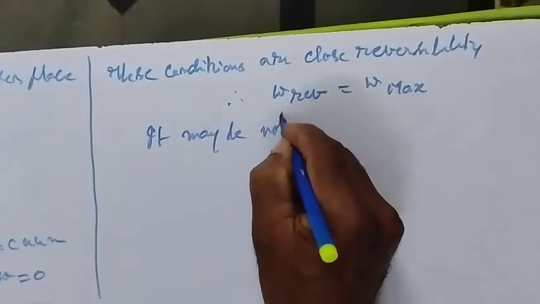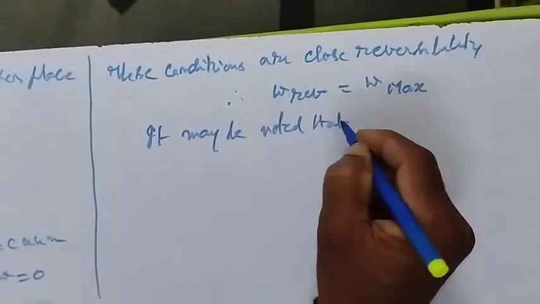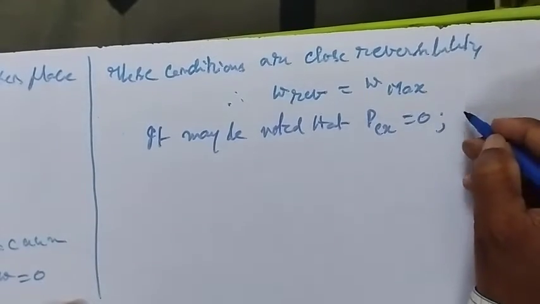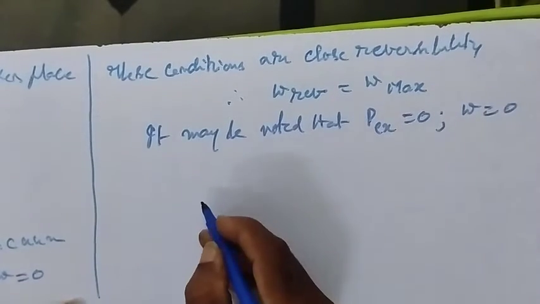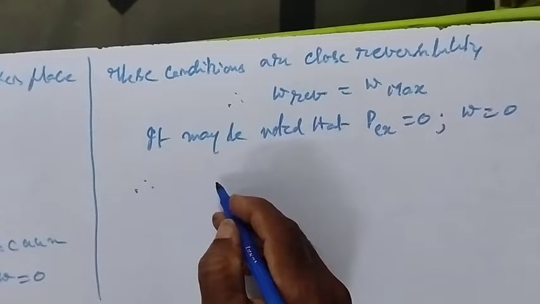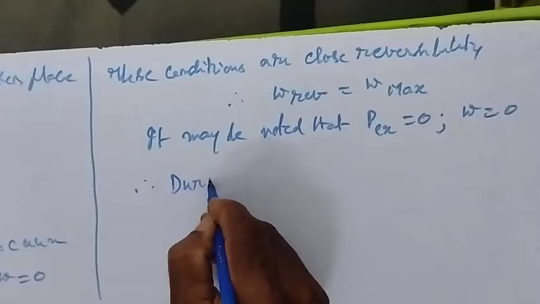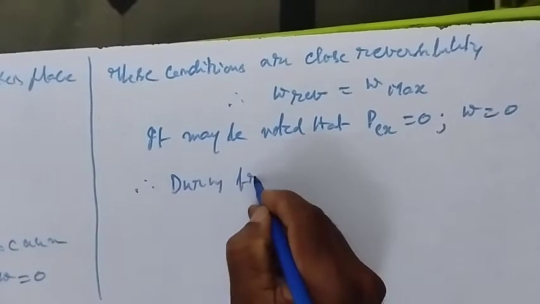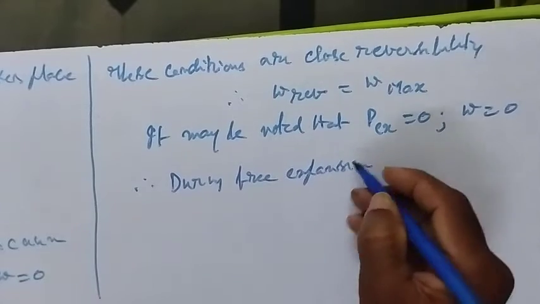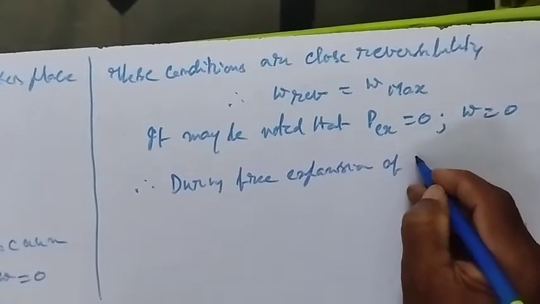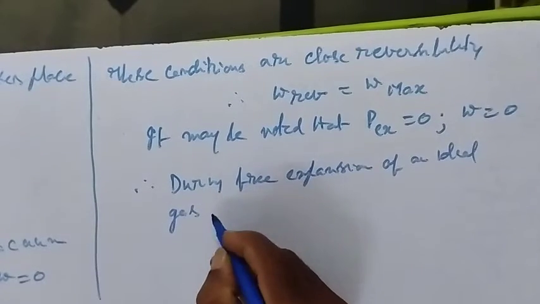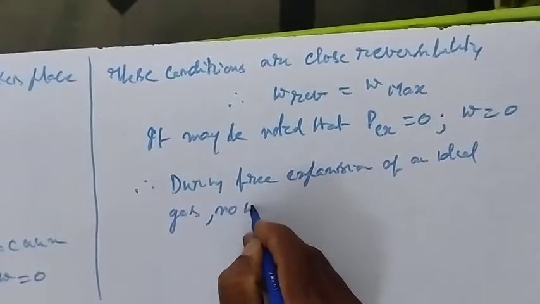It may be noted that if P external is equal to 0, then work done is equal to 0. Therefore, during the free expansion of an ideal gas, no work is done.